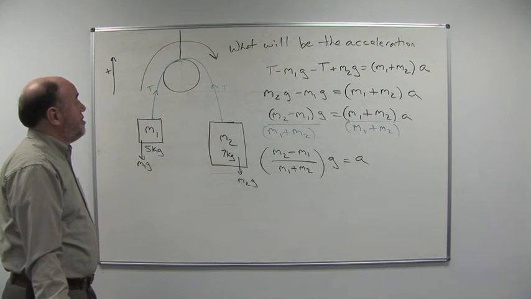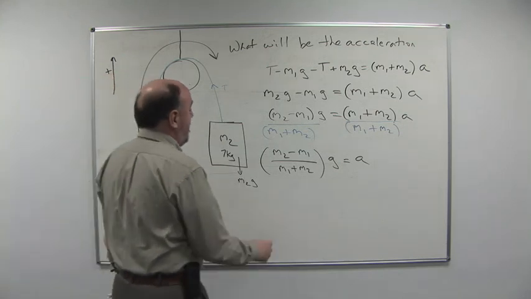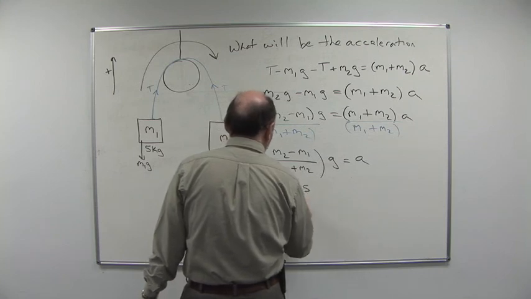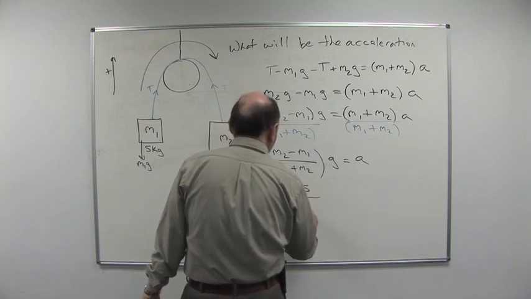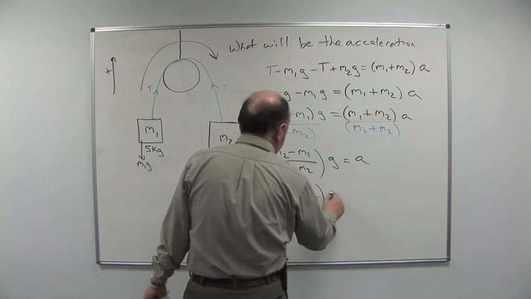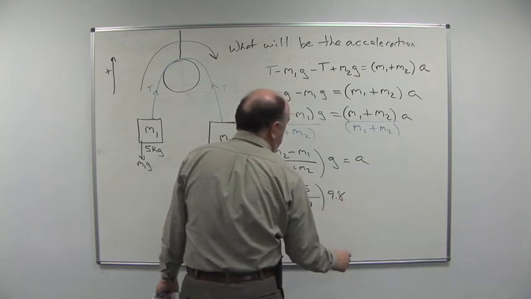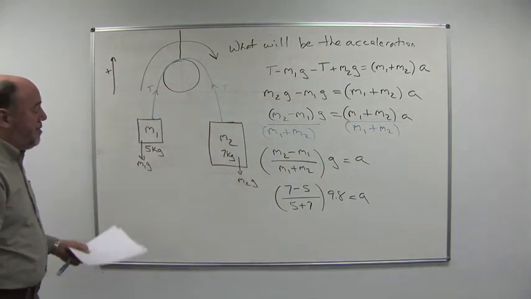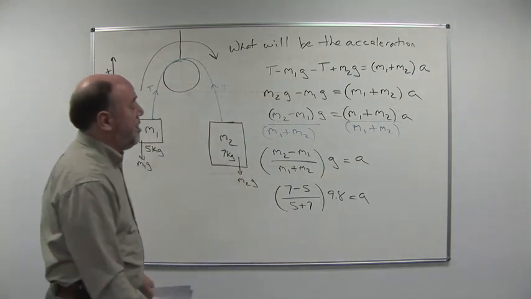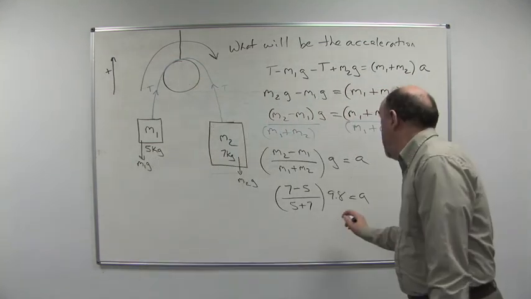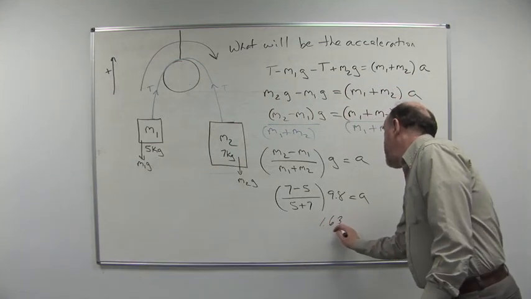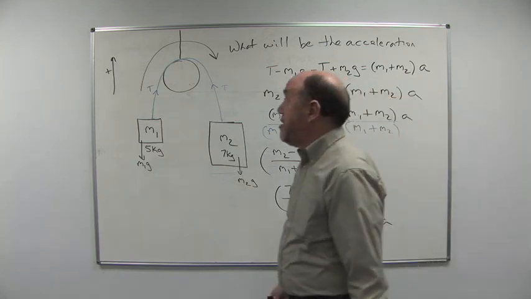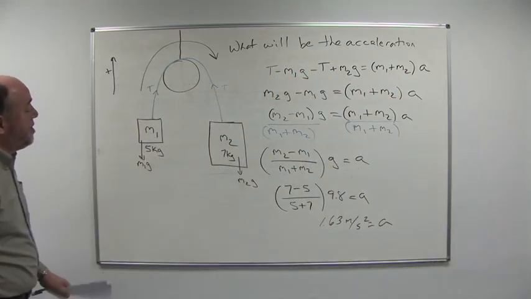Okay. So now we can take our numbers and we can plug this in, and so we get 7 minus 5 over 5 plus 7 times 9.8. So we end up with 2 over 12 times 9.8, and we get an acceleration A of 1.63 meters per second squared on my object.